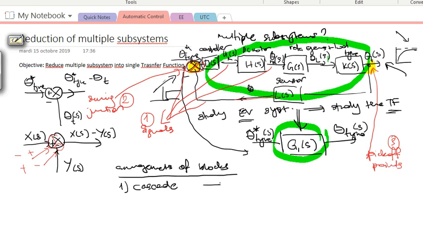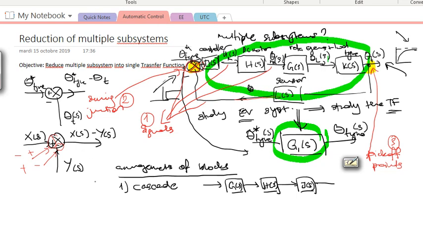Cascade means, if it is an electrical circuit, we would call it in series. Cascade is the same thing as in series. So if it has G(s), H(s), and J(s) in this composition, this is what we call an arrangement of cascade. For example, in our system of electric vehicle, we have H(s), G(s), and K(s). They are arranged in series.